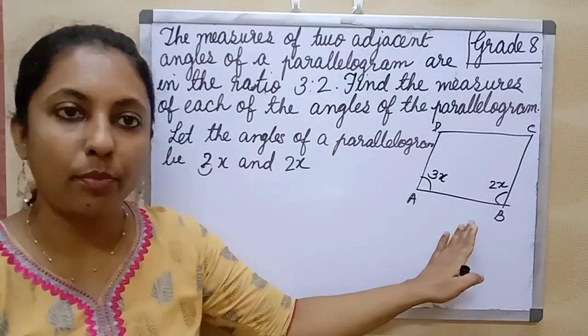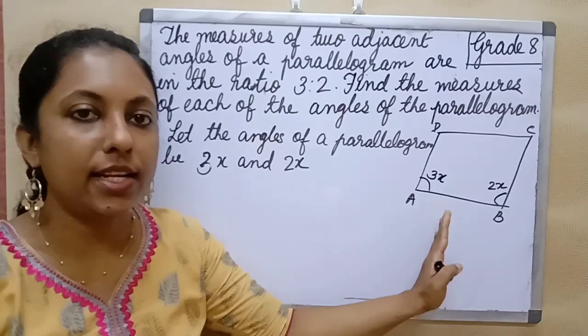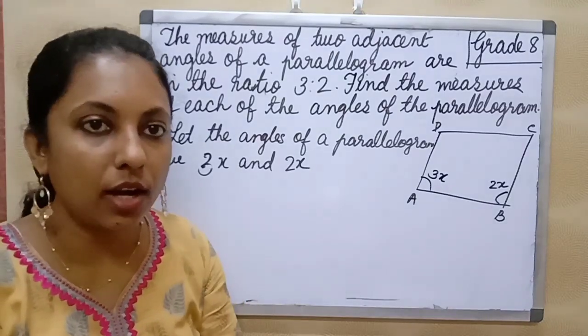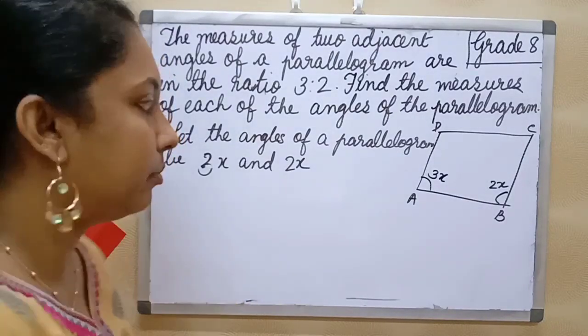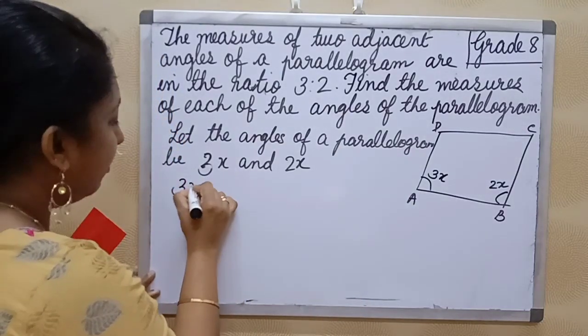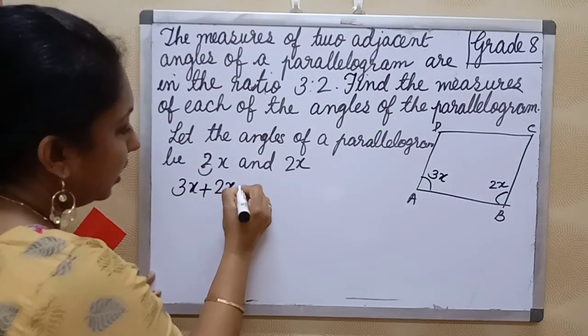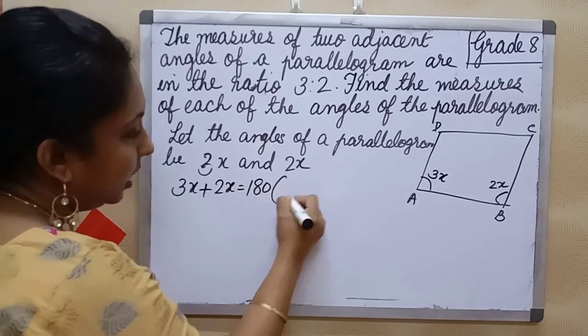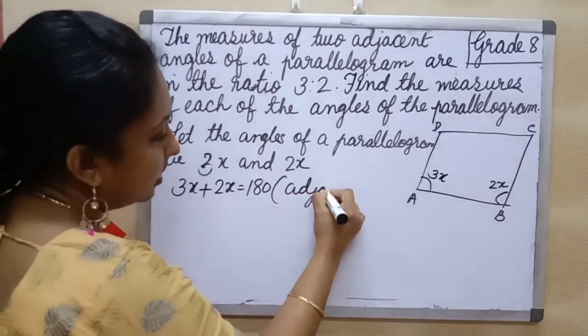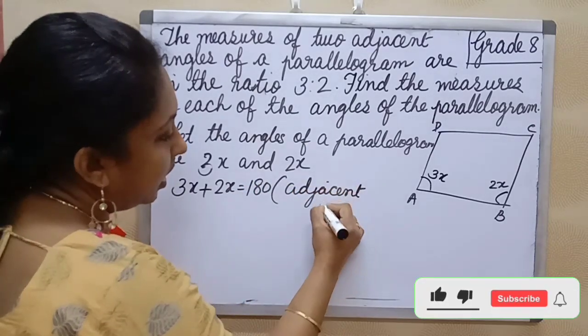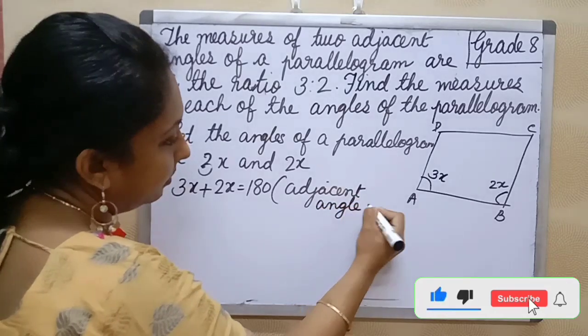Now we can use a property. Adjacent angles of a parallelogram are supplementary. That means 3x plus 2x is equal to 180.